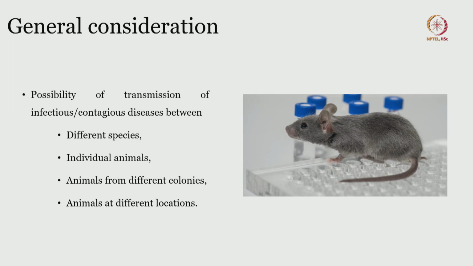And then of course there are animals from different colonies and different locations. All these are possible sources for microorganisms to get into the rodent body, and by handling, they can get transmitted to the human personnel if you are not careful with these safety practices.